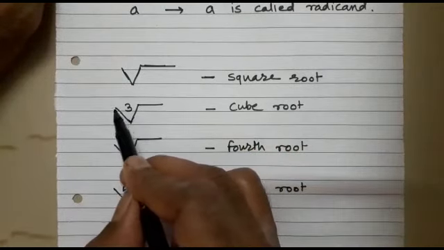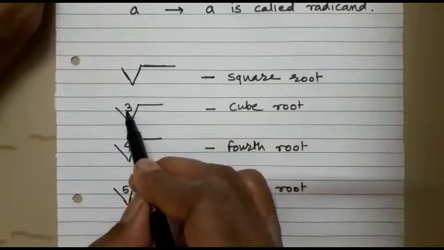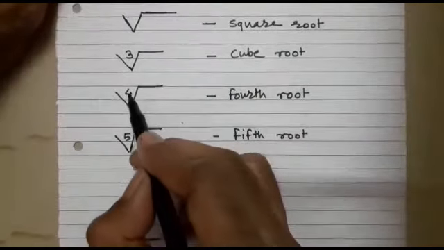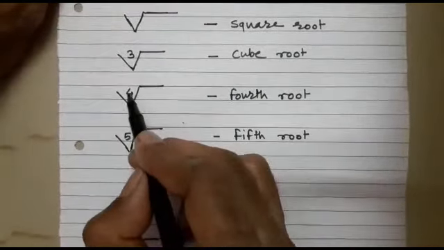If 3 is written here in the V-shaped part of this symbol, it is called the cube root. If 4 is written, then it is called the fourth root. If 5 is written in the V-shaped part of this radical sign, then it is called the fifth root.